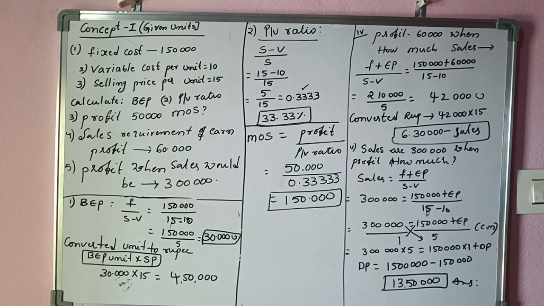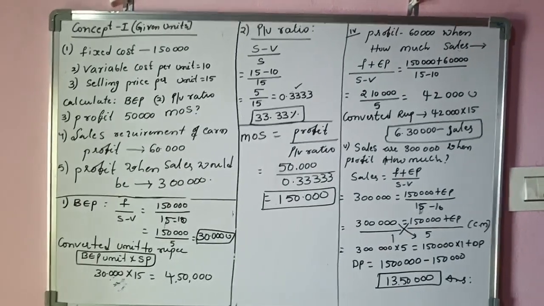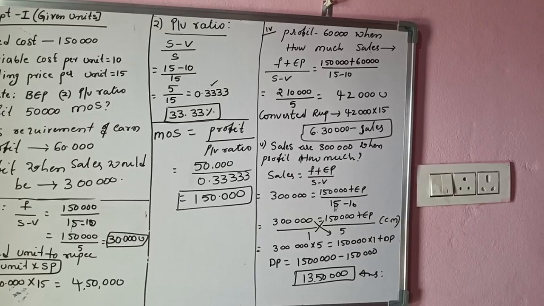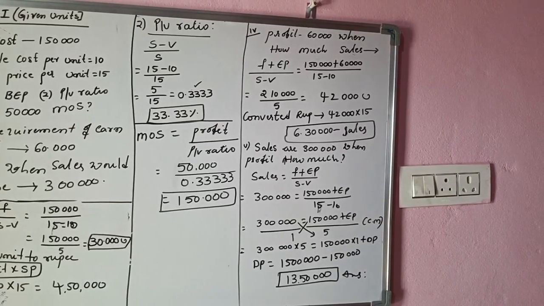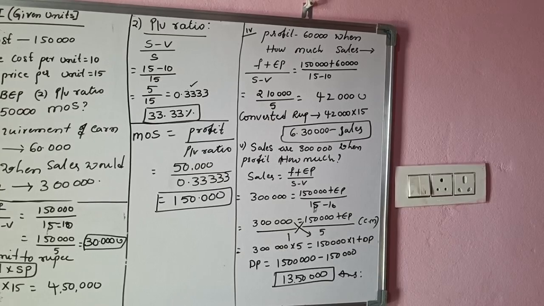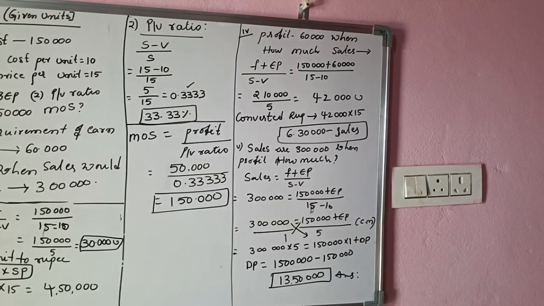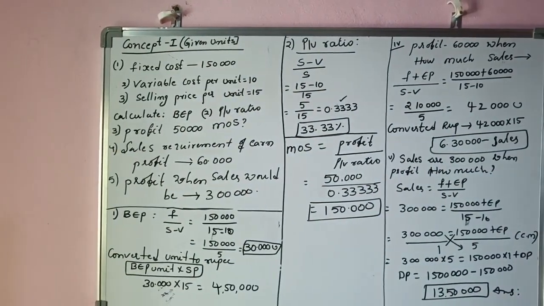Okay, next, the fourth one. The profit is 60,000, how much sales are required? Using the formula F plus EB by S minus V, 1,50,000 plus 60,000 by S minus V, 15 minus 10. The 60,000 is the profit given in the fourth point.